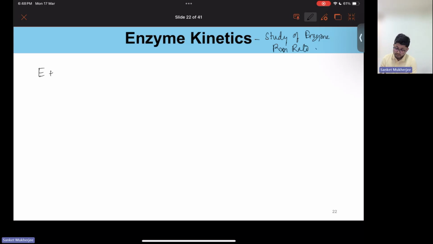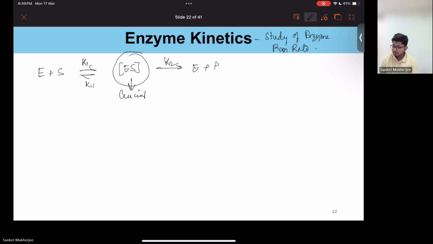So enzyme plus substrate forms an enzyme substrate intermediate, which forms enzyme plus product. Okay, that is usually how it happens. And measurement of this enzyme substrate intermediate is crucial for studying enzyme kinetics.